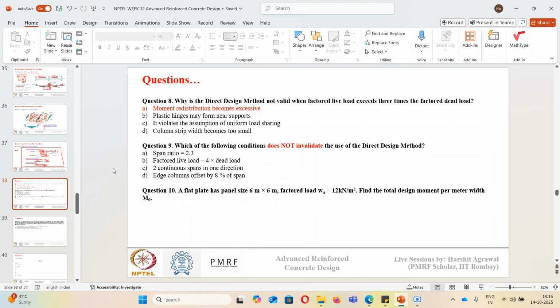What will be the answer? Can you tell me the answer? Just read all the options, and you will find which one is the odd one out.